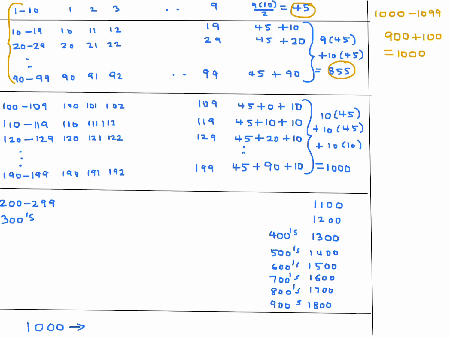Okay? And similarly, we can do the same thing for 1100 to 1199 by looking at 100 to 199. That summation was 1000, but remember, each of these guys will have a 1 in front of it. So since there's 100 of them, there'll be 100 ones that you have to take into consideration.